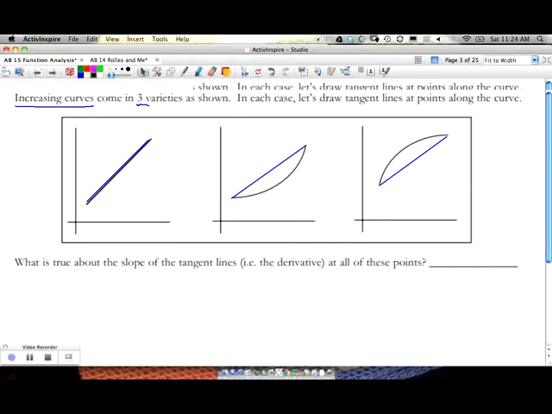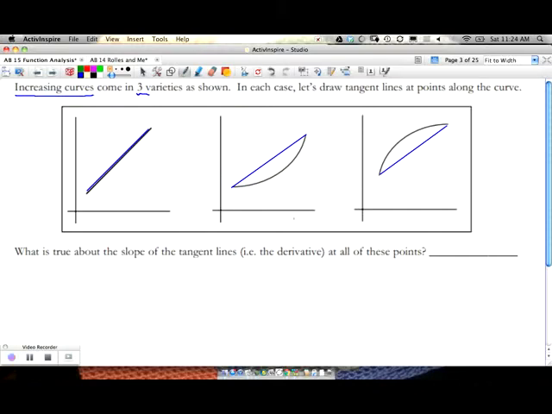But the thing that's true about all of these, the piece that they all have in common, is the slope of the tangent lines anywhere on here: positive, positive, positive, positive. These are all positive slopes.